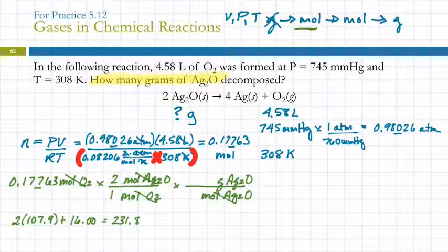It's the molar mass of Ag2O. If I screw up, please yell out right away, because it seems to be happening more and more. So any questions about where I got the numbers, how I put those together?